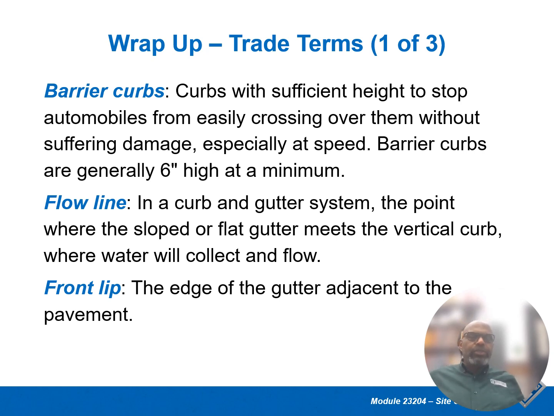Alrighty, let's talk about some terms. Barrier curbs are curbs with significant height to stop automobiles from easily crossing over them without suffering damage, especially at speed. Barrier curbs are generally 6 inches high at the minimum. Downtown Chicago, in certain places, you see these types of barrier curbs all the time. If you ever go close to the financial district, you see them all over the place in Chicago.